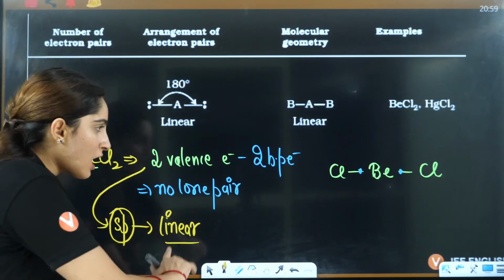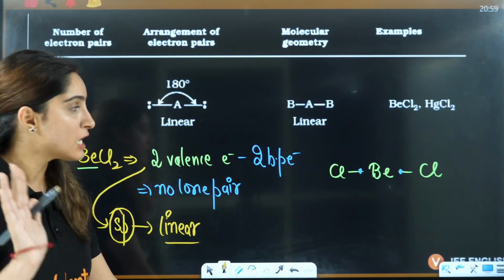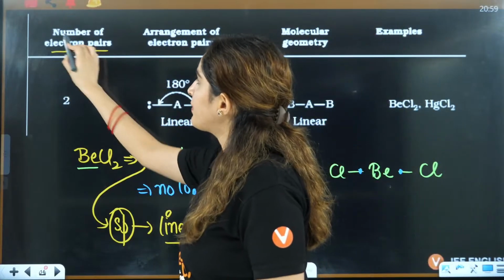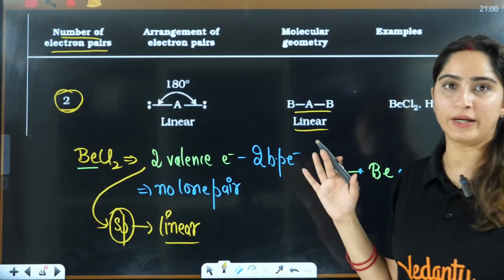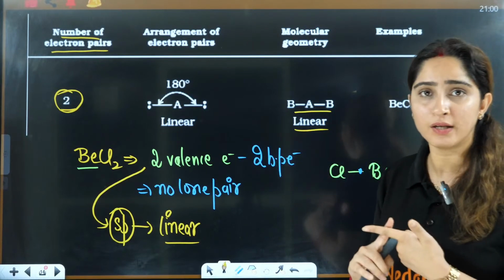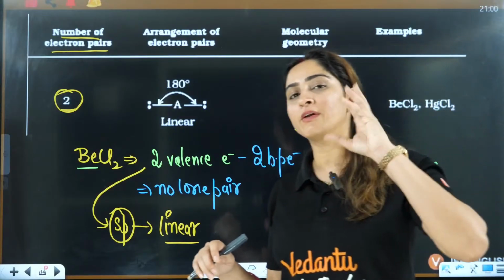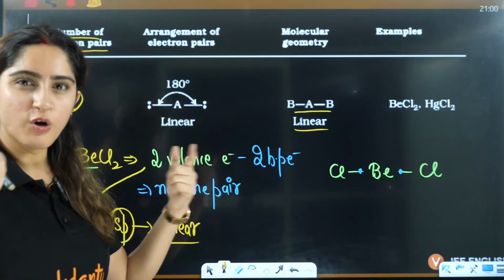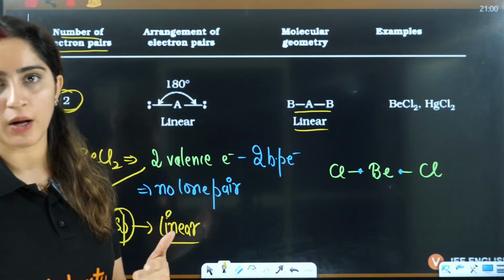Whenever the number of electron pairs is 2, it is going to have a linear geometry. I am not teaching you with the steric number, but directly from the electron pairs, because calculating the steric number is a long method. Maybe now you feel even this is long, but when you practice, you will be able to answer within seconds.